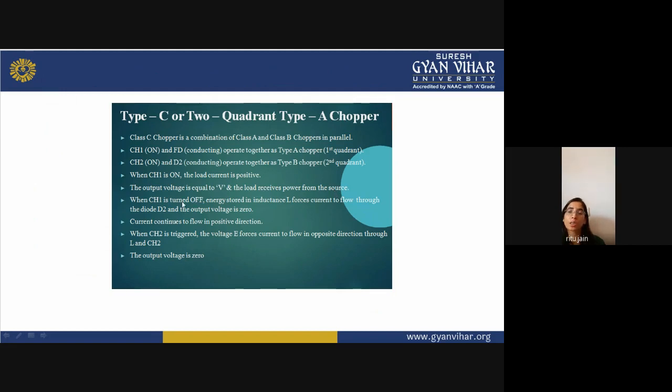When CH1 is turned off, the energy stored in inductance L forces current to flow through the diode D2, and the output voltage is 0. So the current continues to flow in the positive direction. When CH2 is triggered, the voltage E forces current to flow in the opposite direction through L and CH2.